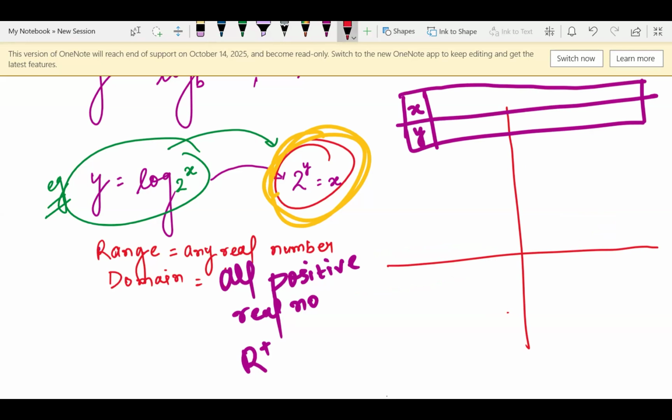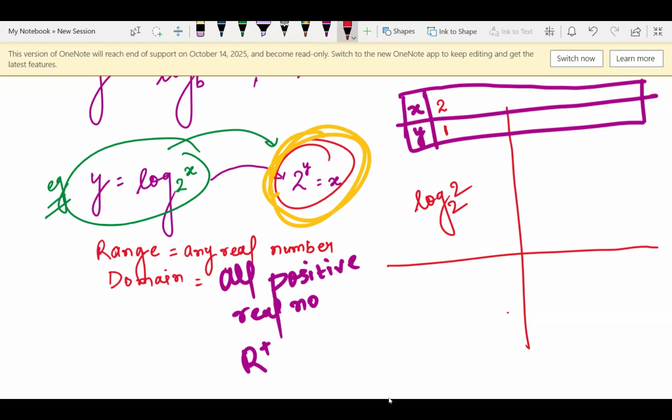Now, I'm going to pick some numbers. If I'm taking x as 2, it becomes log 2 base 2. And the answer is 1 due to the rules which you have noted just now. Are you understanding? Yes.